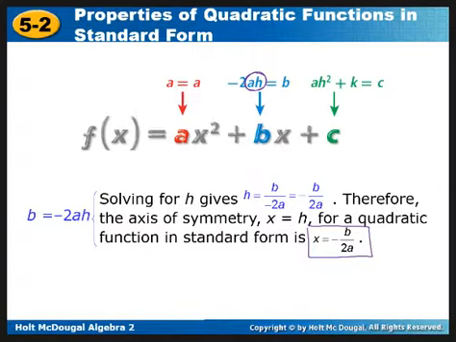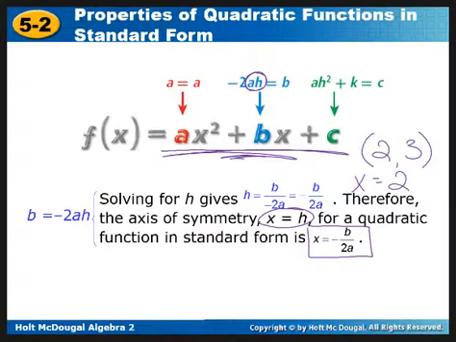Let me say that again just to clear that up. If you're in vertex form, finding the axis of symmetry is really easy because you just pick out what your vertex point is, and then you set x equal to whatever the h value was. So if our vertex was (2, 3), I know that my axis of symmetry is going to be x equals 2. Well, when something's in standard form, it's not as simple to just pick the vertex out of it.